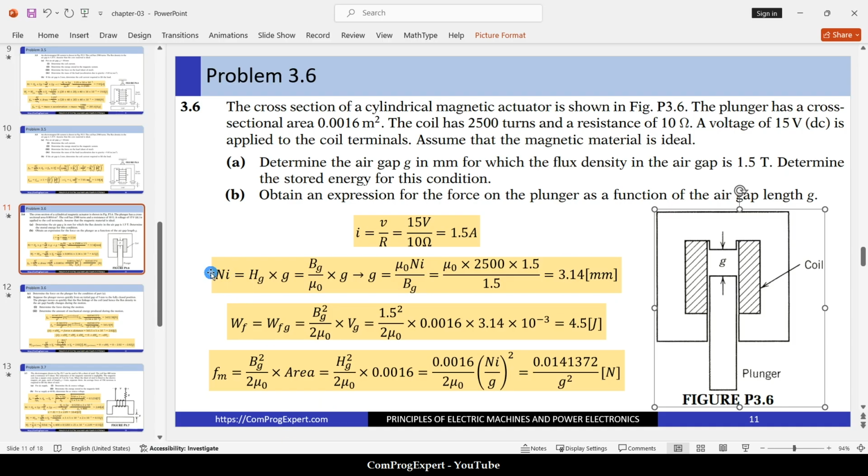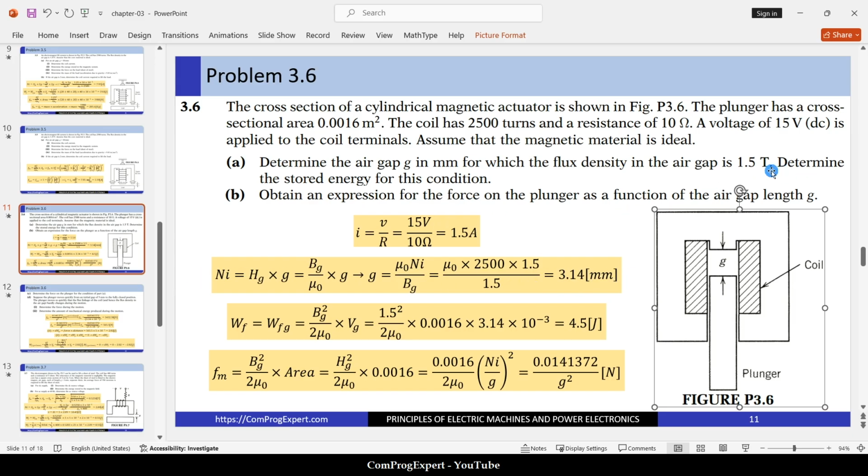Instead of H gap, we can write B gap divided by mu 0 times gap, and the air gap thickness will be equal to mu 0 Ni divided by B gap. If you replace the numbers, the thickness of the air gap will be equal to 3.14. Yes, this is part A.